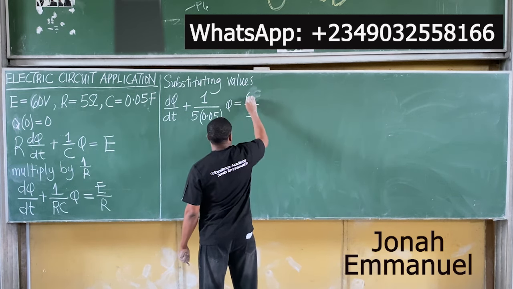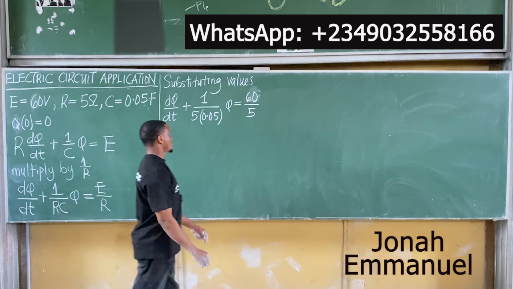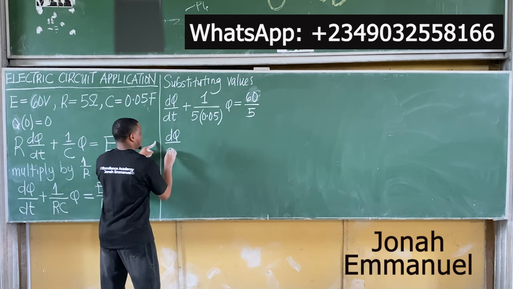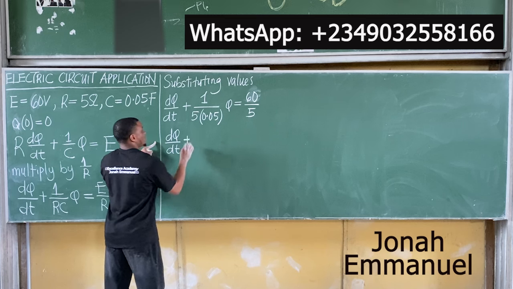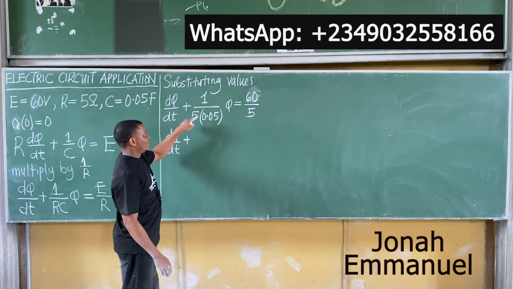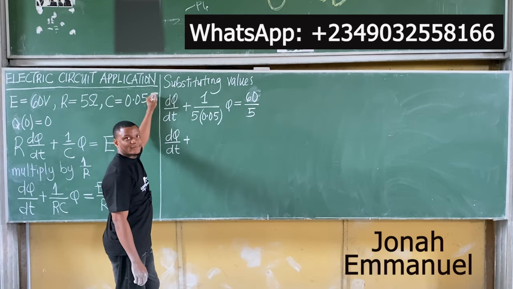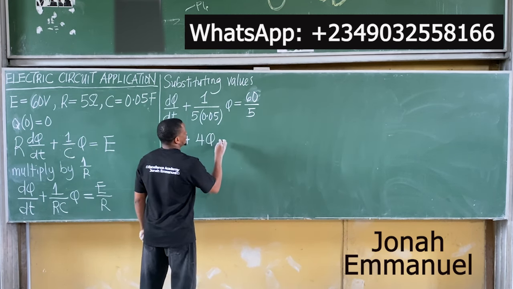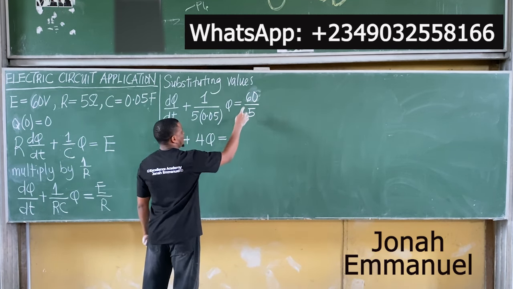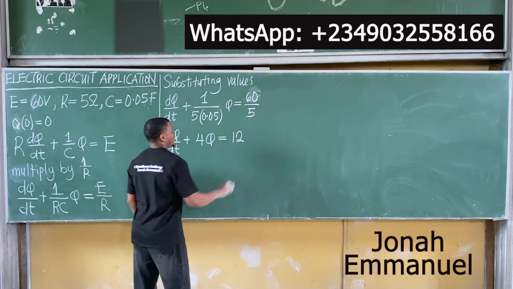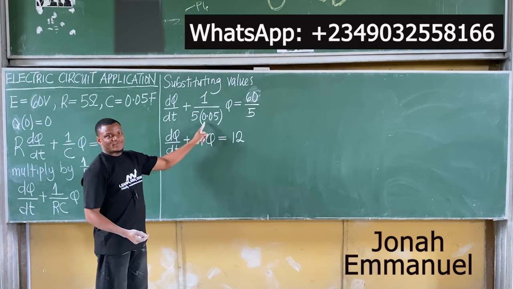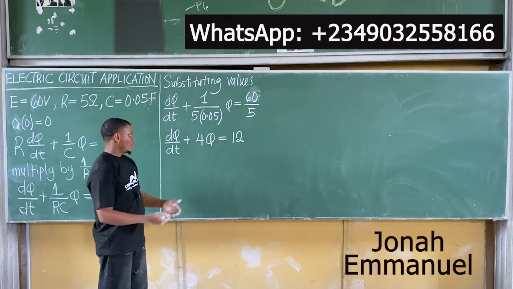What is it? 60. Thank you. So I have dq over dt plus, please punch 1 all over this. What do you have? 4. That's 4 times q. It's equal to 60 over 5. What do you have there? 12. Please observe this. Just punch 1 divided by 5 times 0.05. You have 4 there.